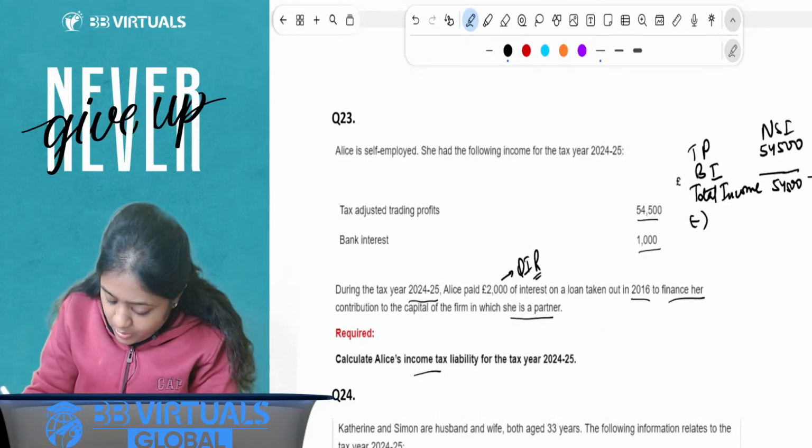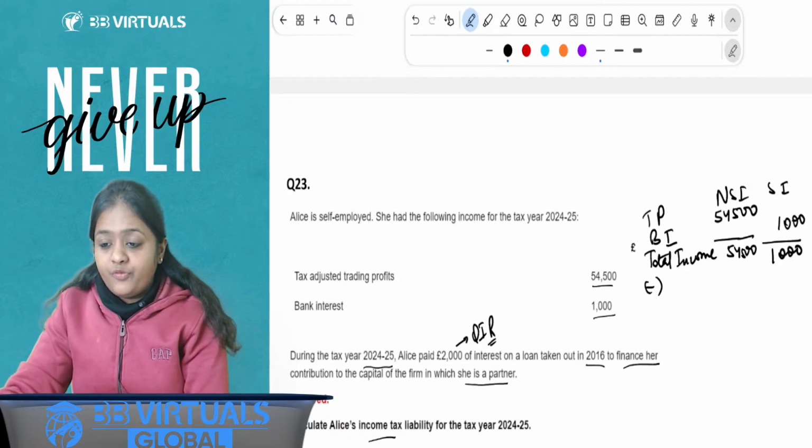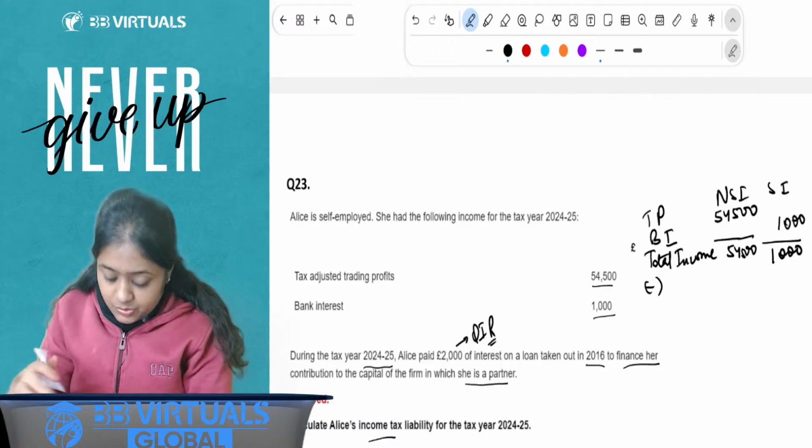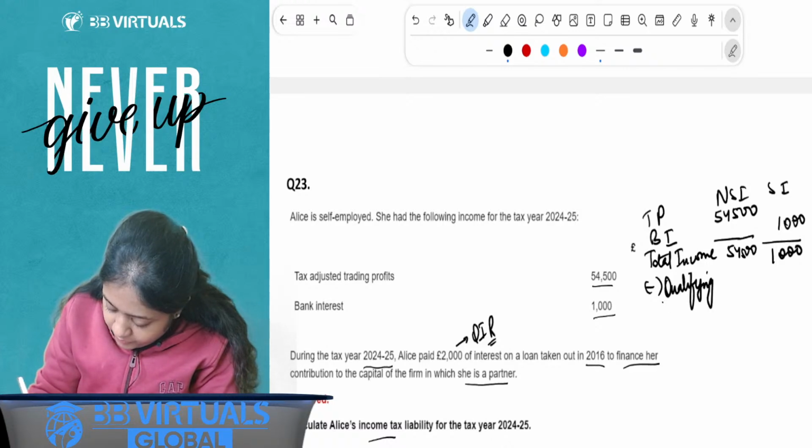Now you know there is a qualifying interest relief here. So guys, we will reduce the qualifying interest relief. All of you be with me. Okay, let's reduce the qualifying interest relief, and it is going to be 2,000.